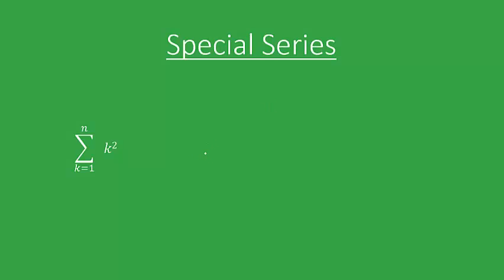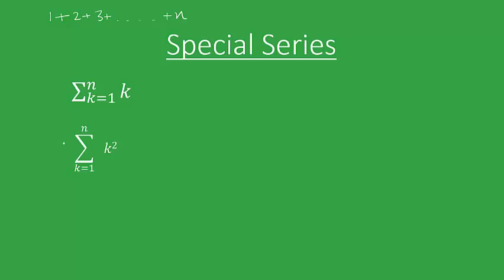Okay, so now after studying the general patterns, we move on to some of the very natural series which we come across. First is sigma k. The first series is 1 plus 2 plus 3 plus ... plus n.